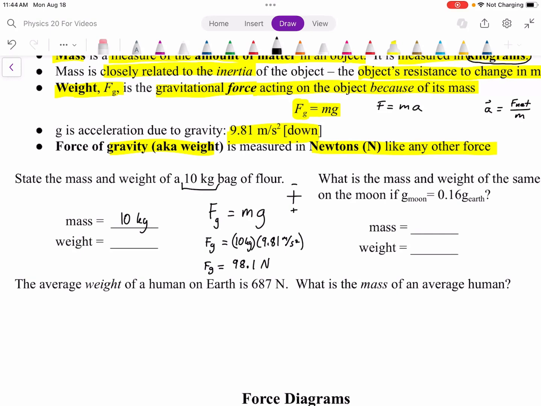So 98.1 newtons, we got a positive, so its force of gravity is going to be downwards. So its mass is 10 kilograms on Earth, but the weight, the force of gravity that it feels because of that, is 98.1 newtons, pulling it down to Earth. I'm not technically doing my sig digs right there, sorry, but I'm just leaving it like that for the sake of comparison.